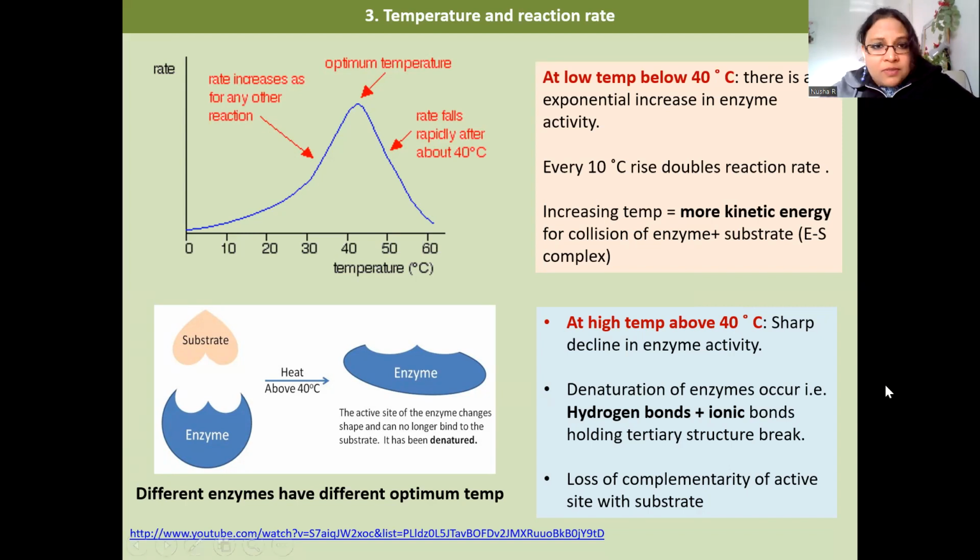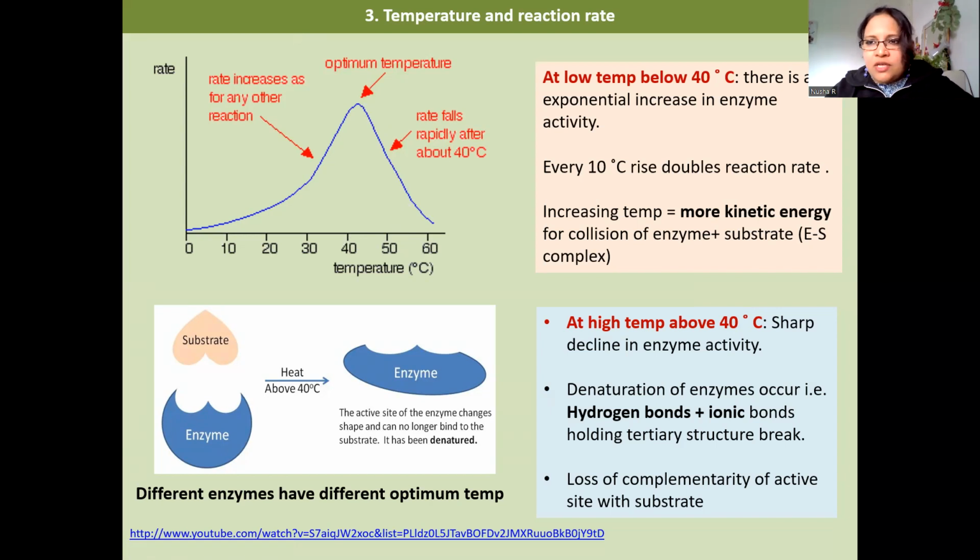And what happens beyond the optimum temperature? So at high temperatures above 40 degrees, there is a decline in enzyme activity. Now, whenever we're describing graphs, it's important to give an indication of the trend.